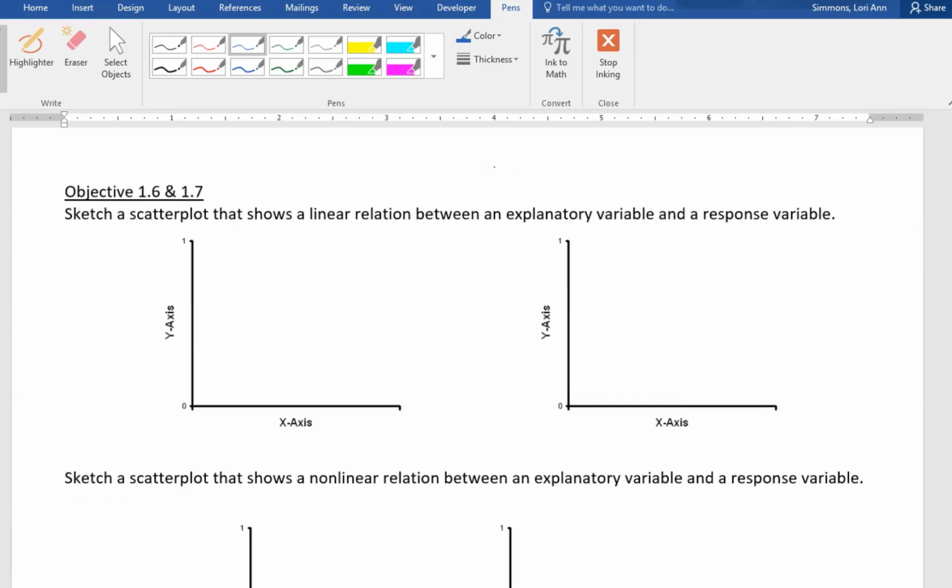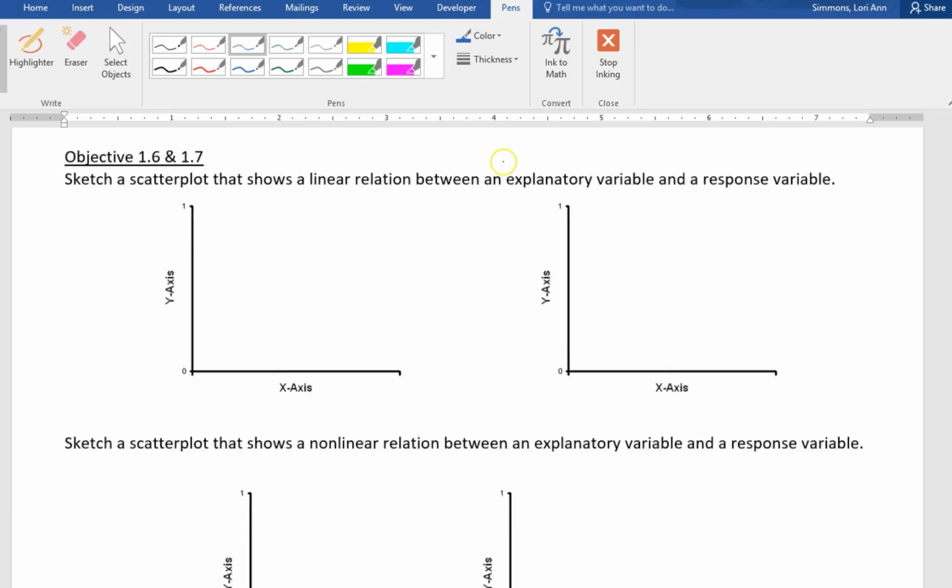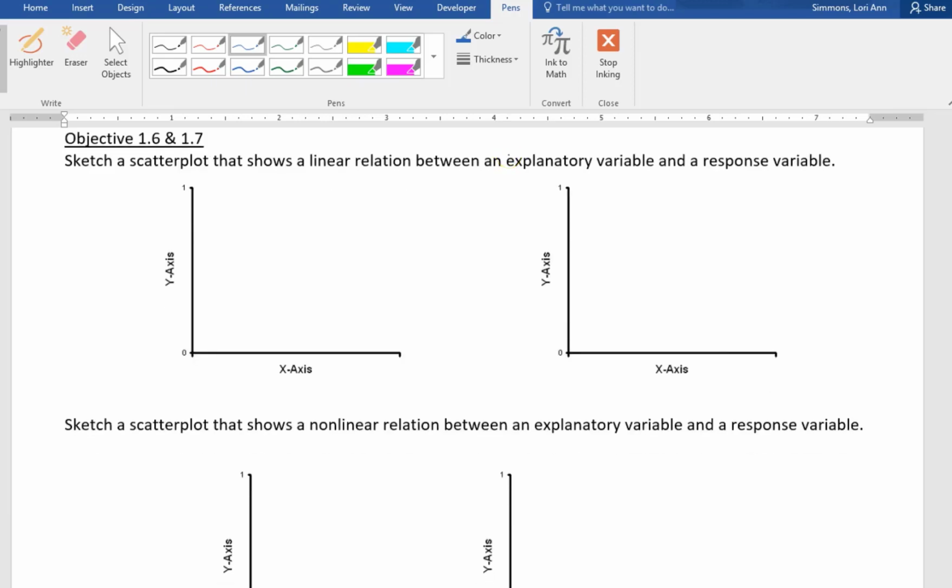Sketch a scatter plot that shows a linear relation between an explanatory variable and a response. So if we plot some points like this, and then this would be another one. So this first one, there's 3 ways to say this. We could say it is positively associated.